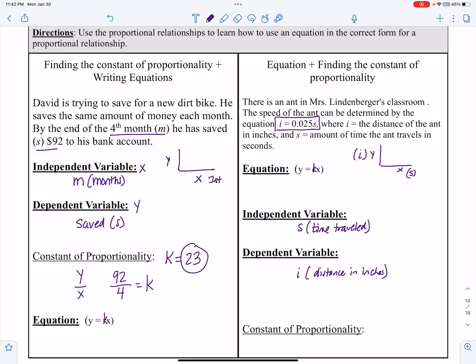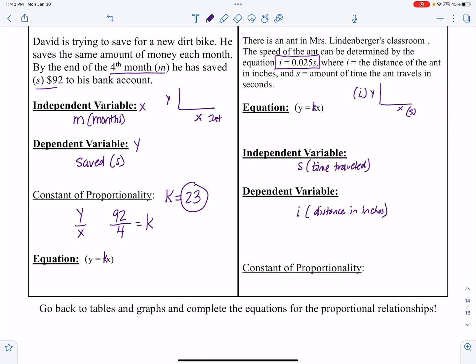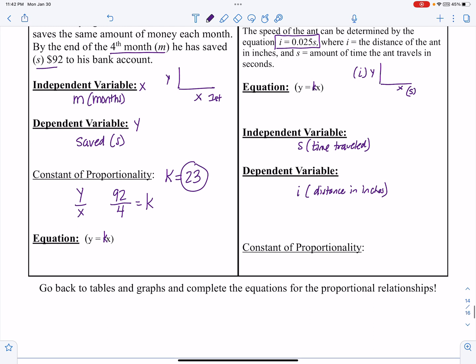All right, and so we know the equation is Y equals K times X, because we're wondering what times X will equal Y. What is that multiplier or constant of proportionality? Same type of thing. So let's go ahead and solve this equation.